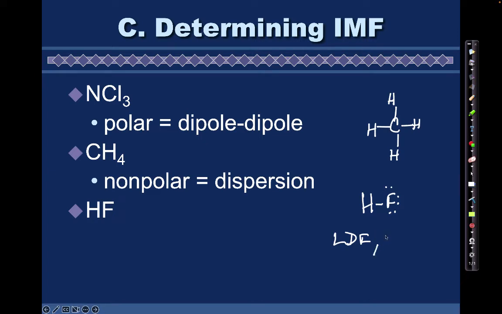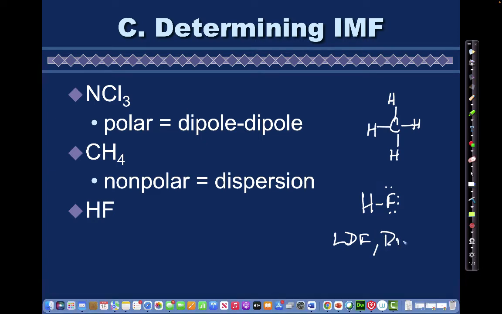It is polar, so it's also capable of dipole-dipole. And we know it's a hydrogen covalently linked to a fluorine, so that would also be considered hydrogen bonding. And so its main intermolecular force will be the strongest one, which is hydrogen bonding.